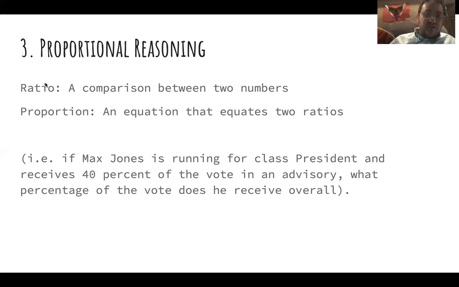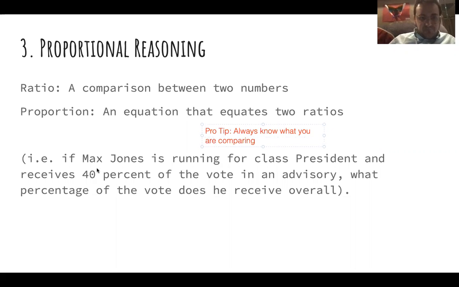So when I teach ratio and proportion in my classes, I simply say that a ratio is a comparison between two numbers, and a proportion is an equation that equates two ratios. So pro tip is to always know what you are comparing.